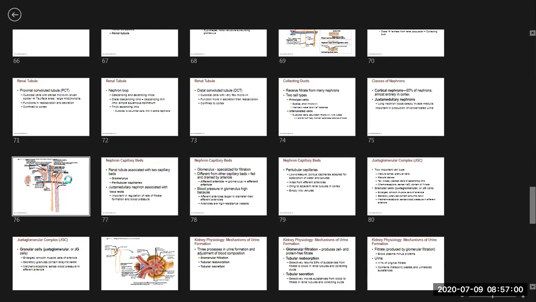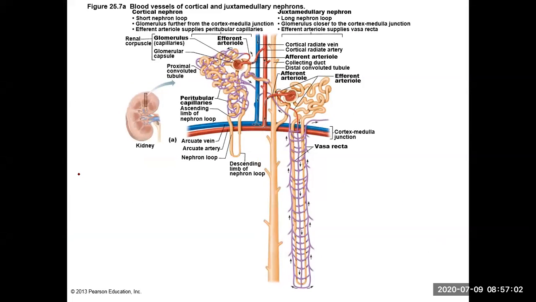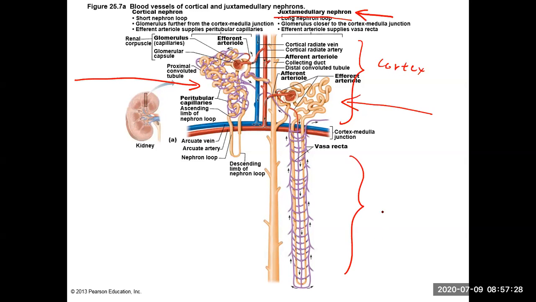So if we want to know the difference between the two, again, in anatomy you discussed, here is a good example of a cortical nephron, and here is a good example of a juxtamedullary nephron. Juxta means next to, medullary means medulla, all right, and it's a nephron. So remember, the top part was the cortex, and the bottom part was the medulla.